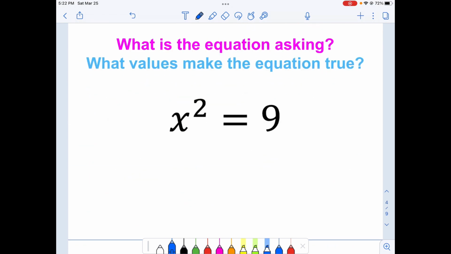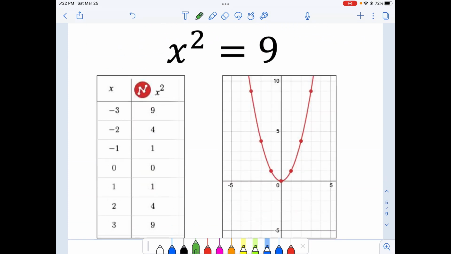So for those of you that want to know what we're actually looking for here, we want to know when x squared, and if I were to graph y equals x squared, this would be a parabola shape, when that function equals 9. So if I were to look at the graph, this is the graph of y equals x squared. You may have seen it earlier this year, and we see that it equals 9 when x is negative 3 and when x is 3.